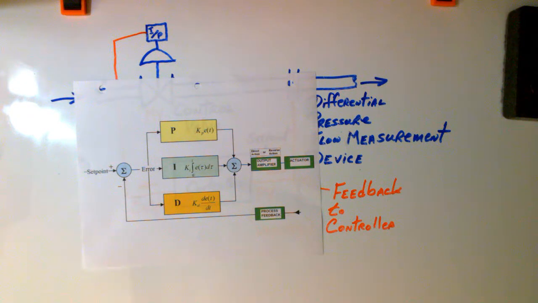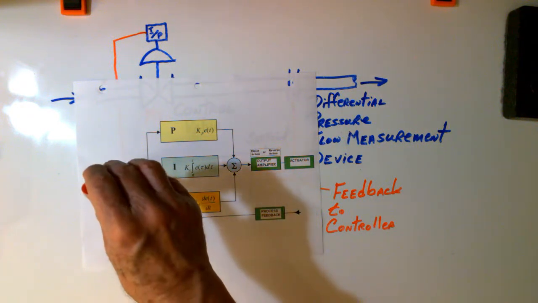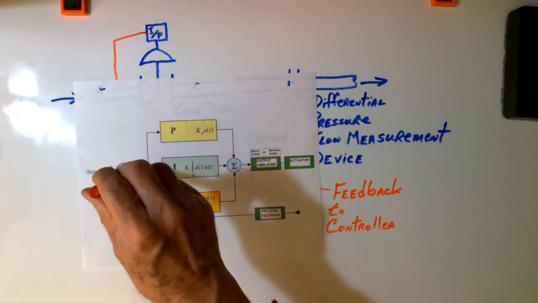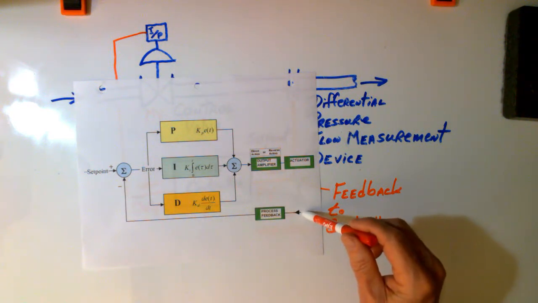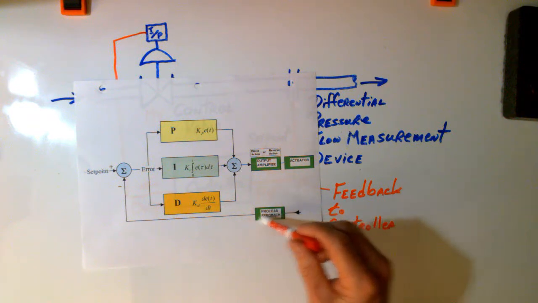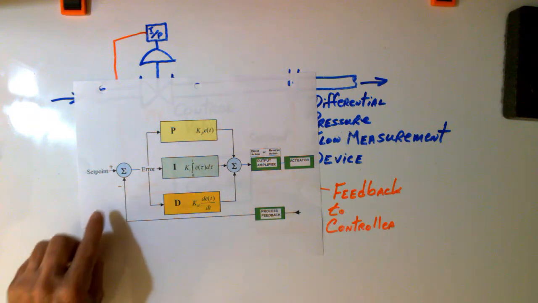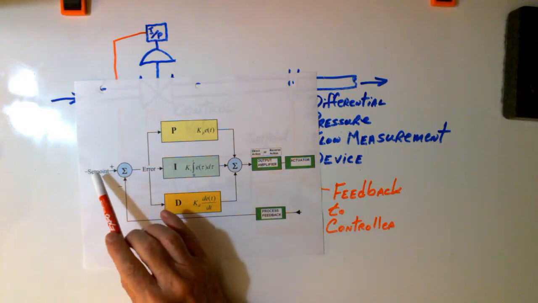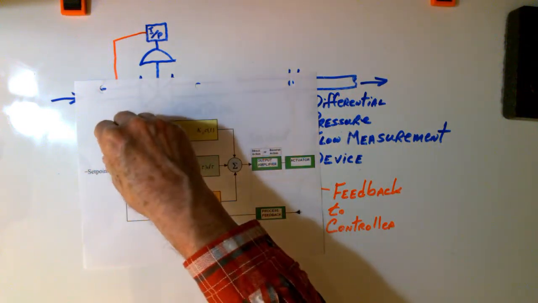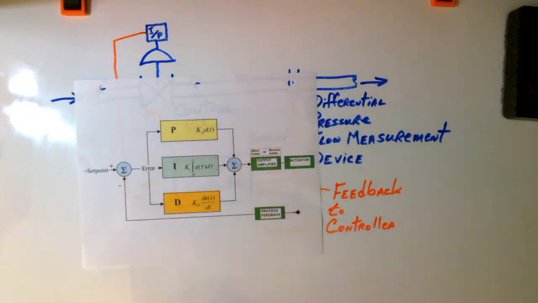Now then, let's take a look at what takes place right here with this Greek letter S for summation. I look at my feedback. You notice I bring it to a negative junction, and I have the set point, which goes to a positive junction going into the summing point.